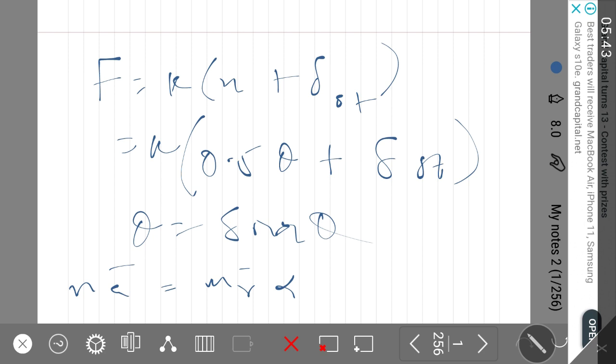What is M? What is r? What is alpha? They are 6, the mass of the rod; r, the distance from the fulcrum to the center of gravity, which is 0.1; times theta double dot.